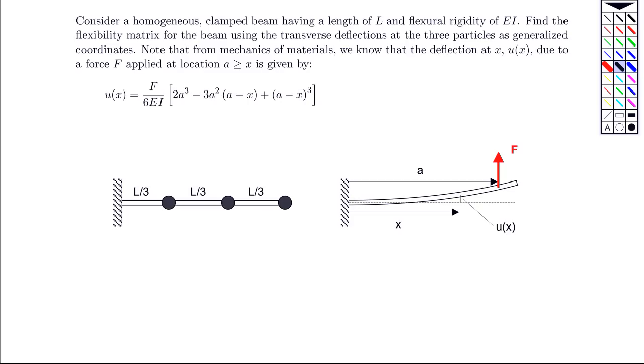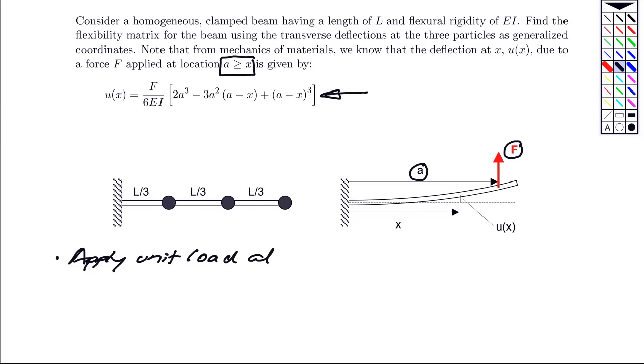We're going to use this equation u of x, which is taken from strength of materials, for finding the deflection of a beam due to some point load F, and that point load is going to be at a position A, and we're going to be using this equation for any location to the left, that is x less than A. And so what I'm going to do is start out on the far right side, and I'm going to first apply my unit load at 3.